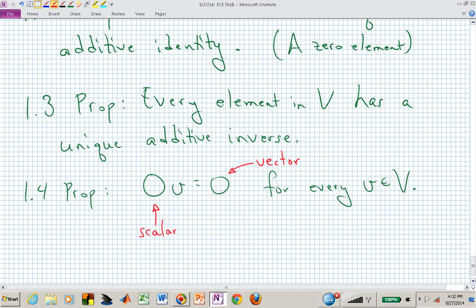Please make sure I'm saying what I want to be saying, because otherwise it will be very confusing to the people listening. Arrows above a vector, not zeros. Is that clear?